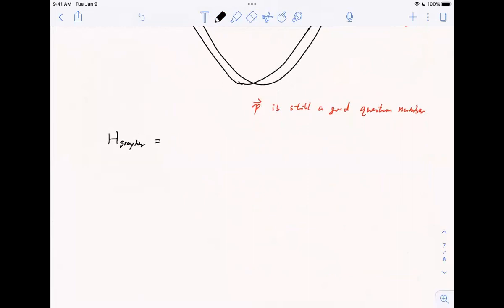For graphene, we know that it is proportional to sigma dot P. If you solve graphene, I can leave this as homework for you, this will be proportional to Px plus and minus iPy, Px minus iPy.